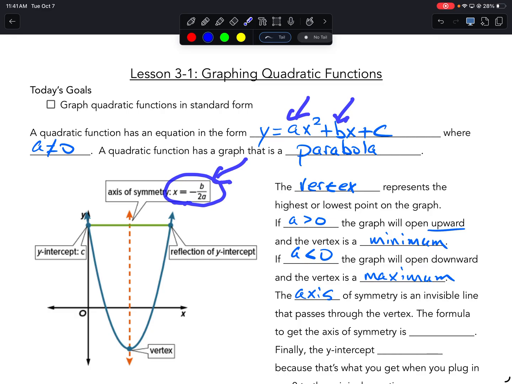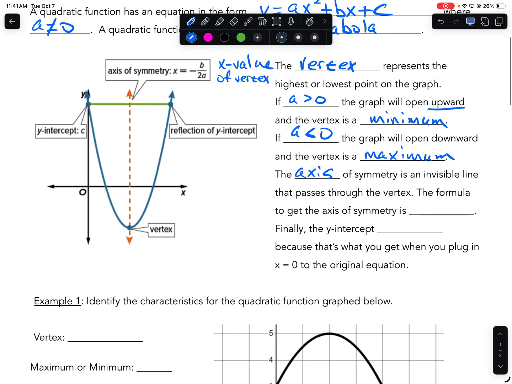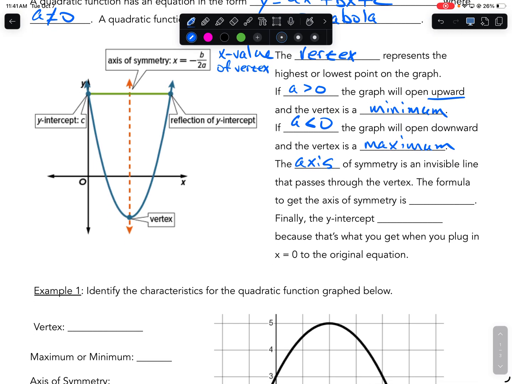So that gives us the axis of symmetry as well as the x value of the vertex. And I'll say a lot of this tomorrow as well. Okay. The formula to get the axis of symmetry is x equals negative b over 2a.